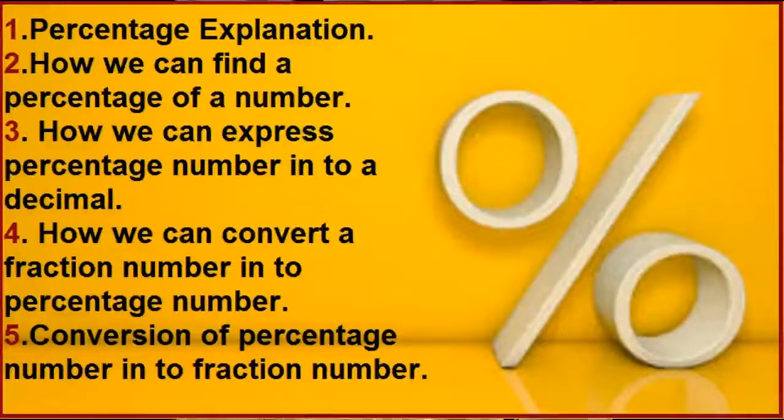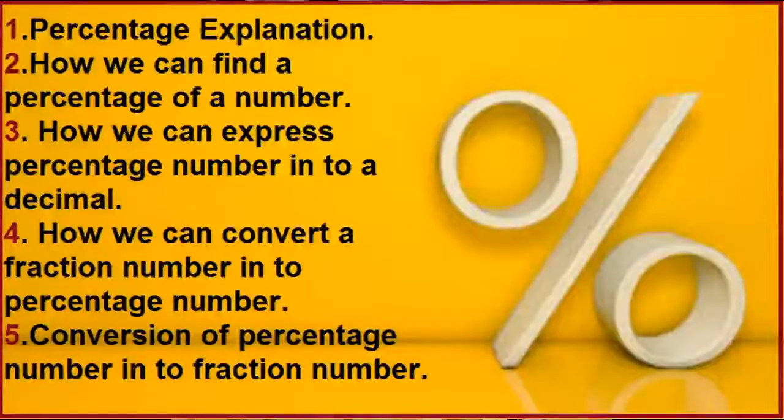The third is how we can express a percentage number as a decimal. The fourth is how we can convert a fraction into a percentage. And the fifth, last point, is conversion of a percentage number into a fraction. Got it, beta? So these are the 5 main points that we'll discuss in this video.